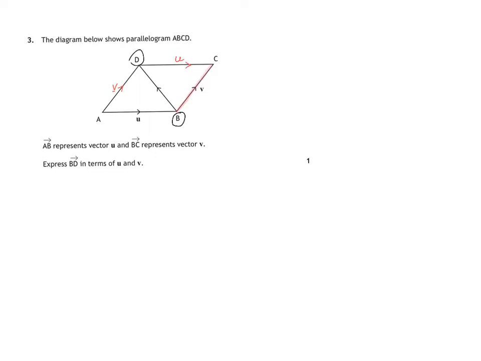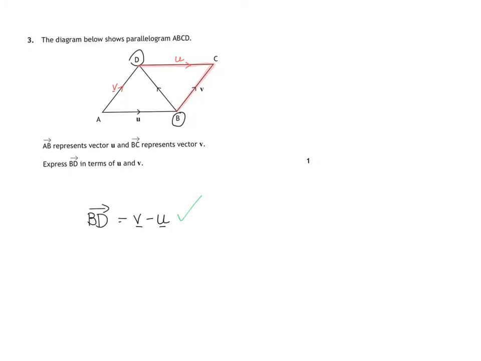Because it's in the direction of the vector, that is the vector v. And then because we're going in the opposite direction, that means we're subtracting a vector. So we get BD is equal to v minus u. And that is it. That's 1 mark. That's all that question's worth.